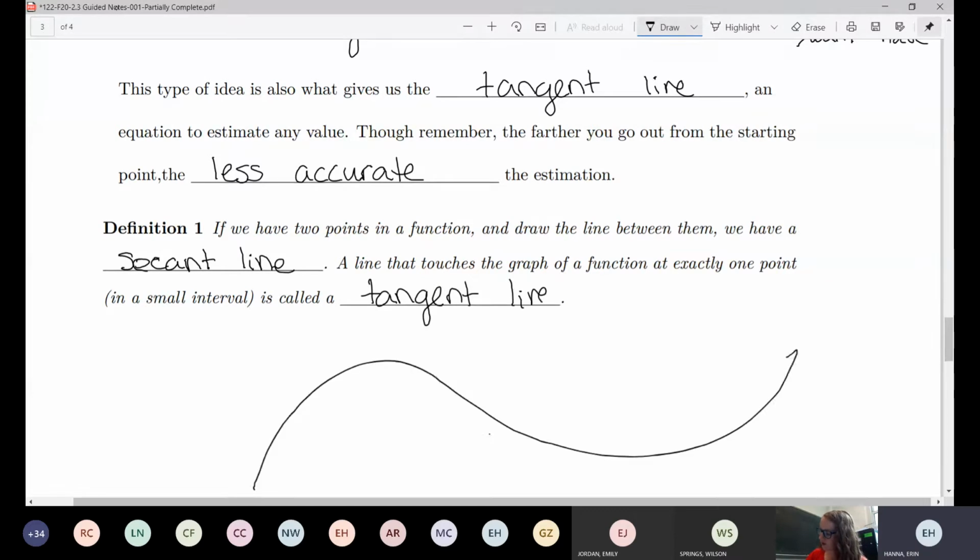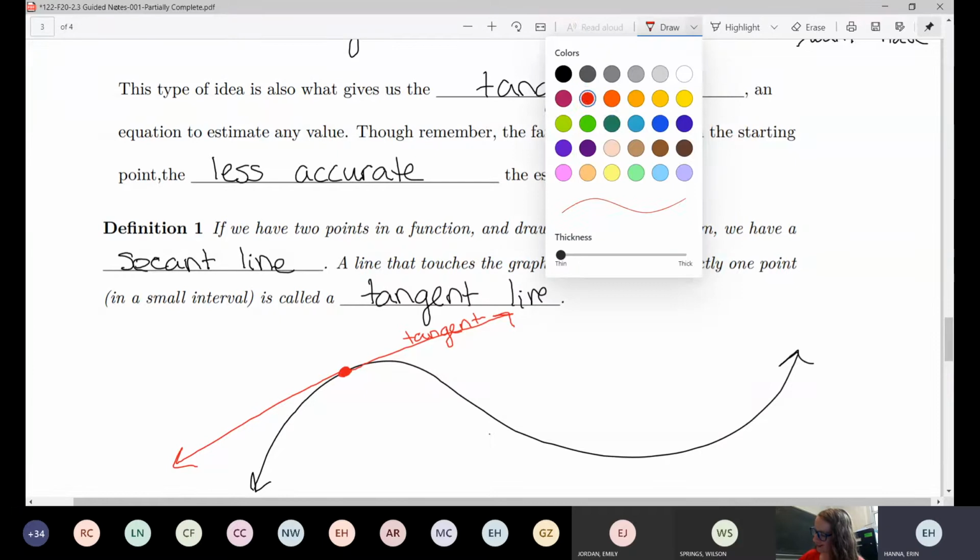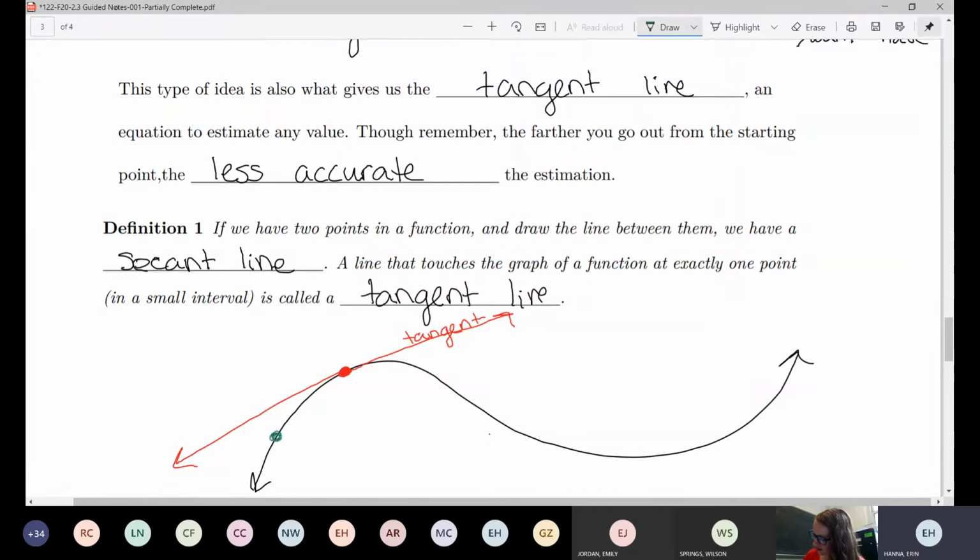Let me just do a quick little drawing of what those would look like. I know we've already talked about them a lot, but formally, this is where they're presented in your book. And then secant line, just pick any 2 points you want. Pick different points.